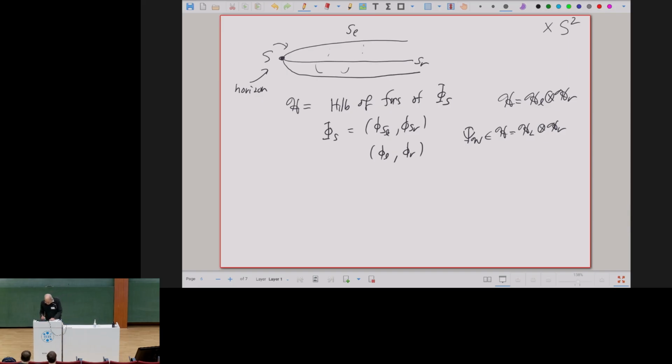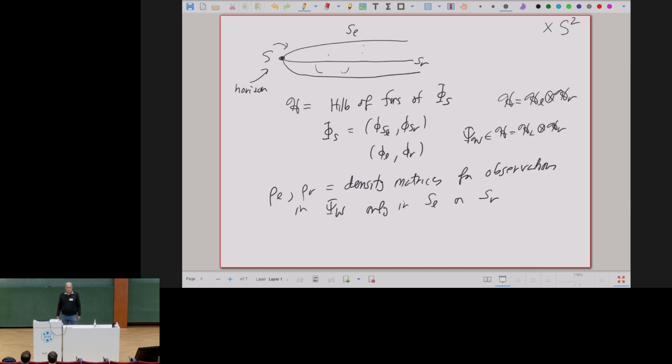Okay. What we want to construct is a density matrix. I'll let rho L and rho R be density matrices for observations in the state psi W only in SL or SR. So after we construct these density matrices, we'll continue to Lorentz signature and give a space-time interpretation.